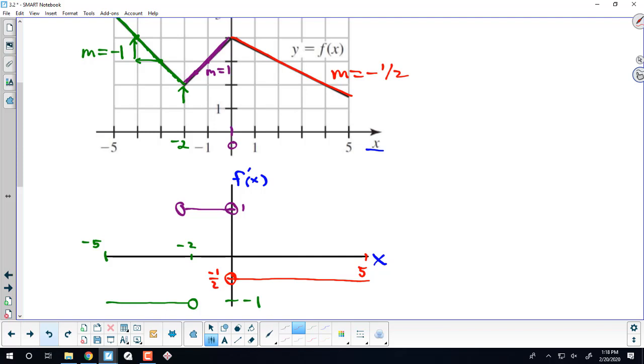So that is the graph of this function's derivative. Remember, the derivative also tells us the instantaneous rate of change at every point. Are there any questions on that? Okay. Those are really the most straightforward cases when you have linear pieces, because the slope's always the same.